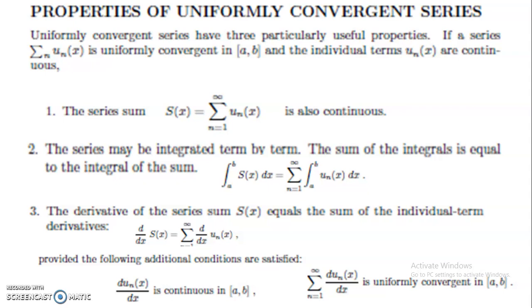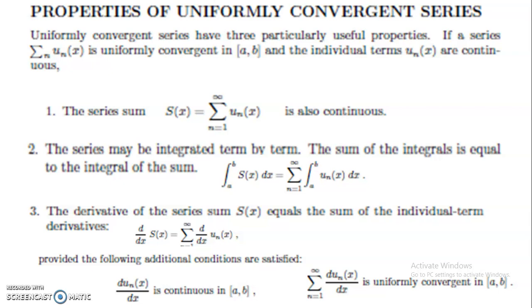The second property of a uniformly convergent series: the series may be integrated term by term. The sum of the integrals is equal to the integral of the sum. That means the integral of s of x dx is equal to the summation of the integral of un of x dx. And the last property: the derivative of the series sum s of x is equal to the sum of the individual term derivatives.